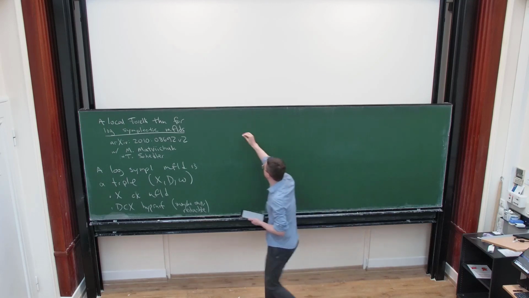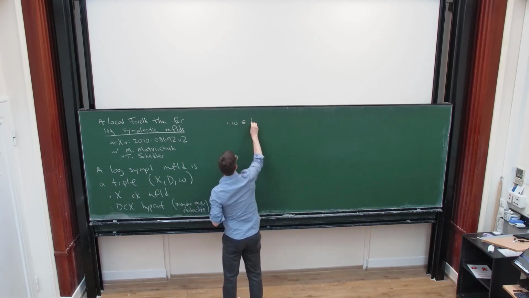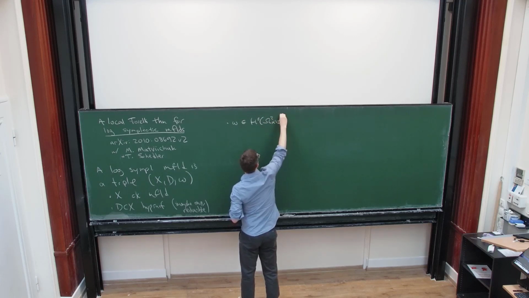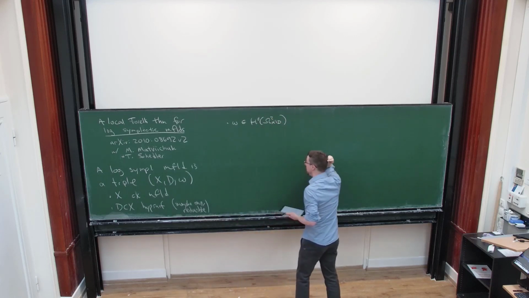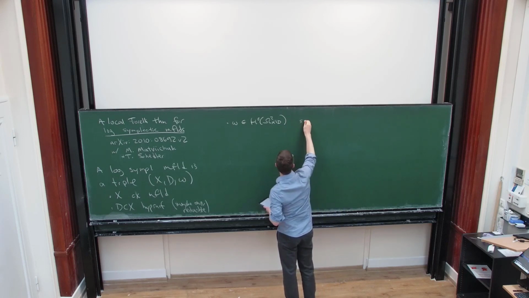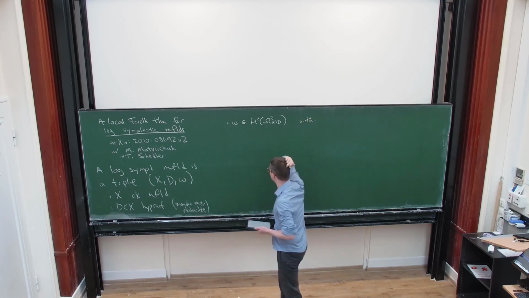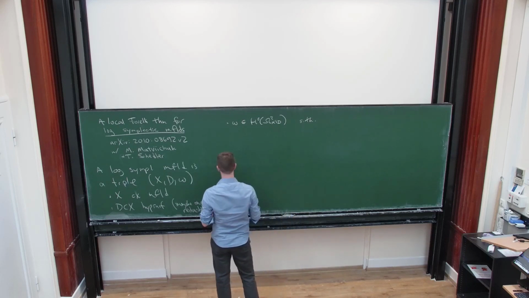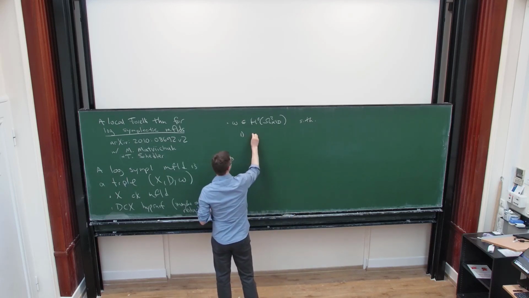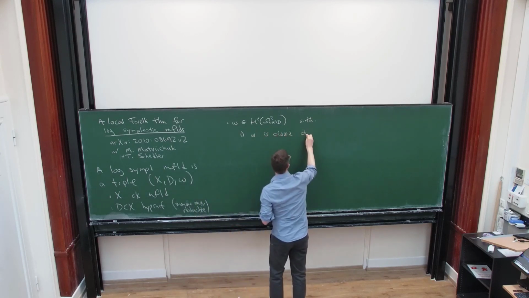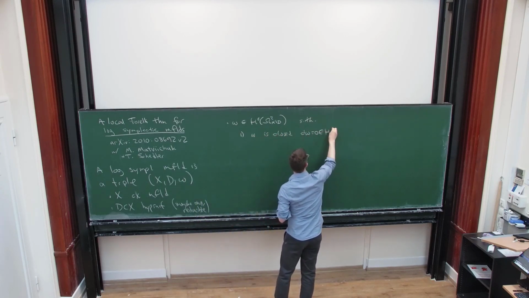And then omega is a holomorphic two-form on the complement of this hypersurface, which satisfies some hypotheses. So first of all, it defines a holomorphic symplectic structure in the interior, X minus D, which means in particular that omega is closed. So d omega is equal to 0 in omega 3.